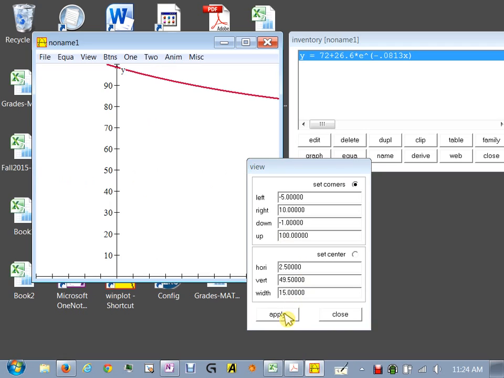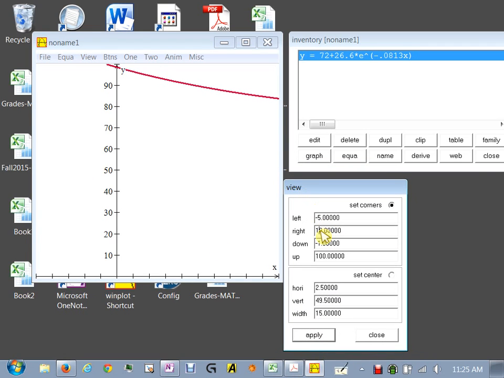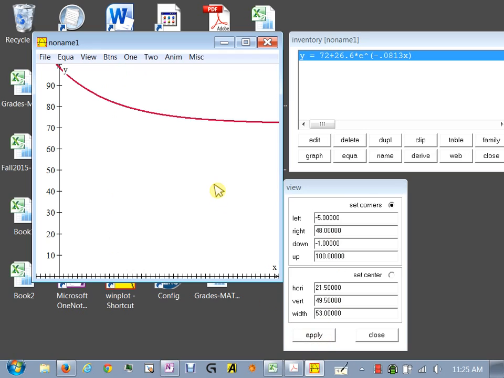I hope this works. Okay, this is pretty good, I think that might be a little too far out.